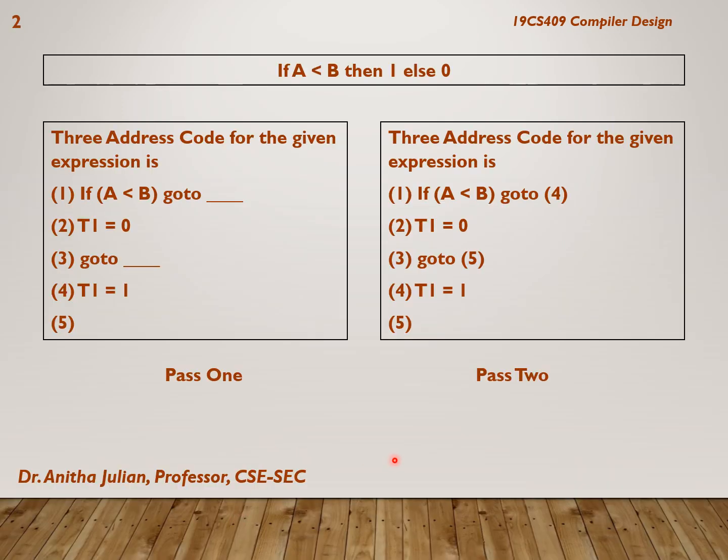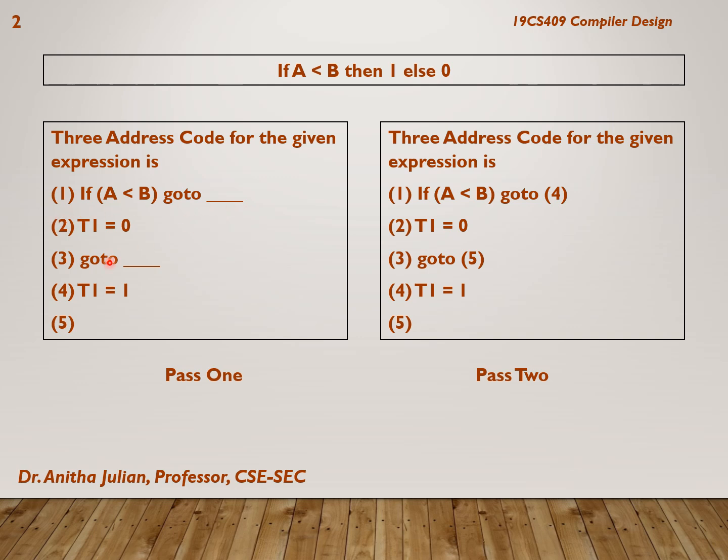We were studying the three address code for given if expression. So we will recall it. Supposing we are given an if condition as if A less than B, then 1, else 0. We learned to write the three address code by using two passes. So in the first pass, we will just fill the go to conditions with blanks.